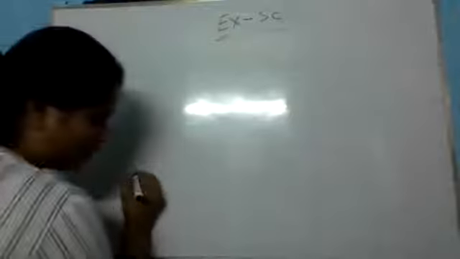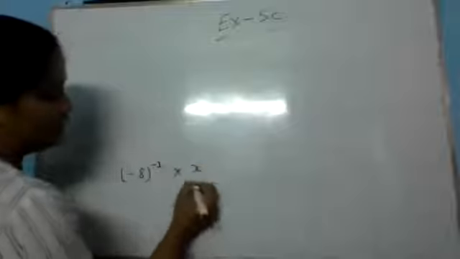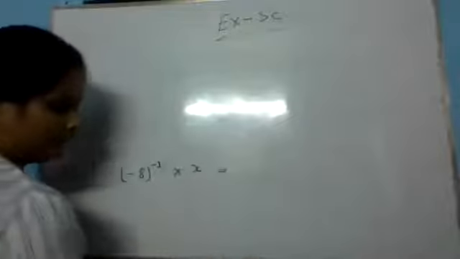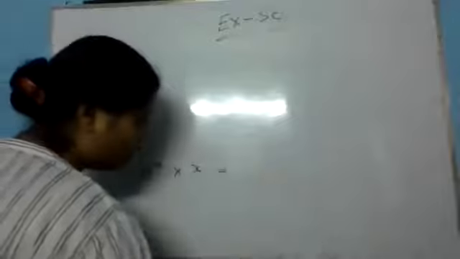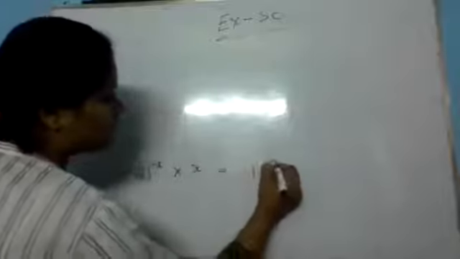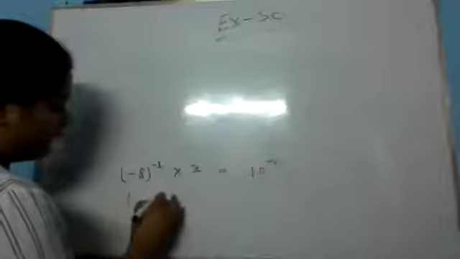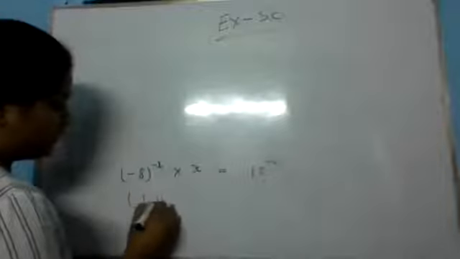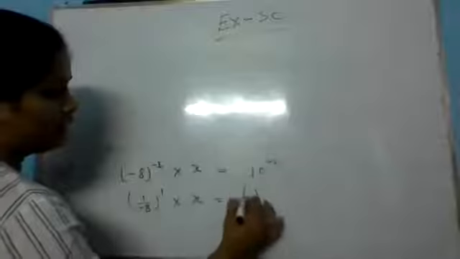So minus 8 to the power minus 1 by what number? Let's take the number as x to multiply so that we get 10 to the power minus 1. So I can write like this: 1 upon minus 8 to the power 1, and here x, and this is 1 upon 10 to the power 1.